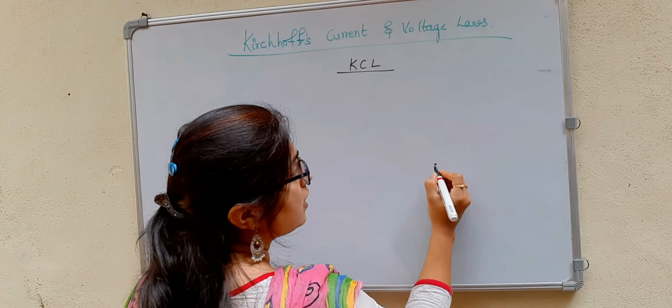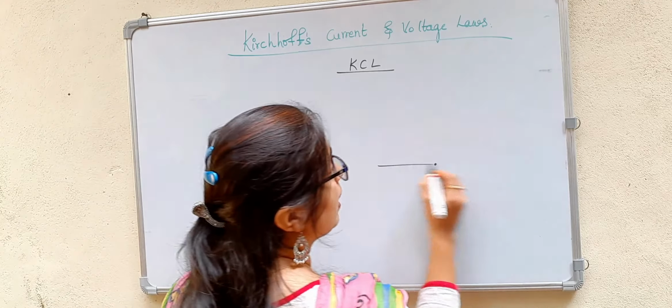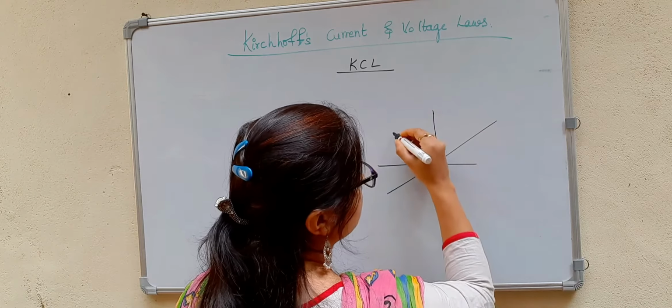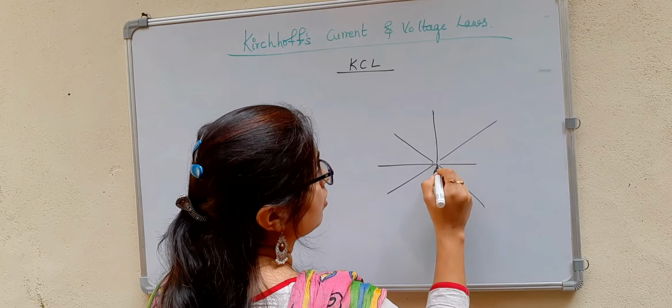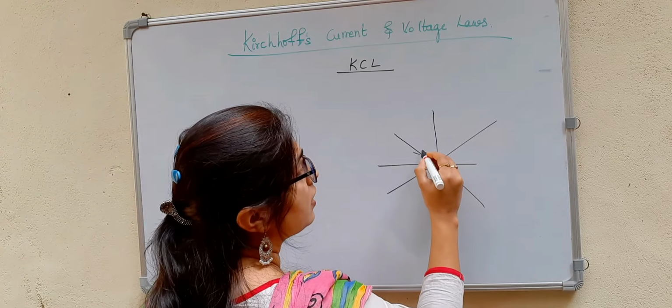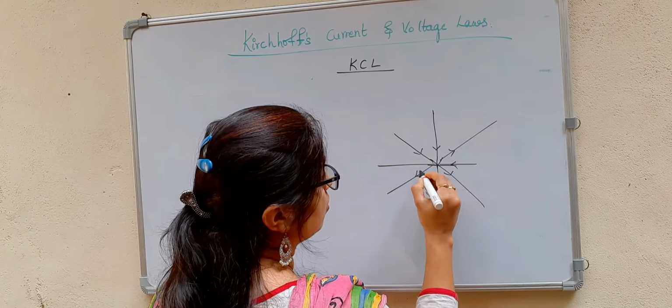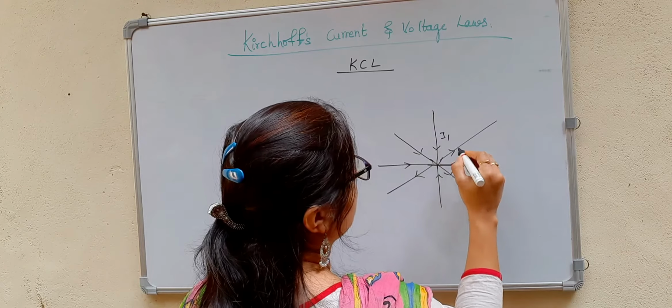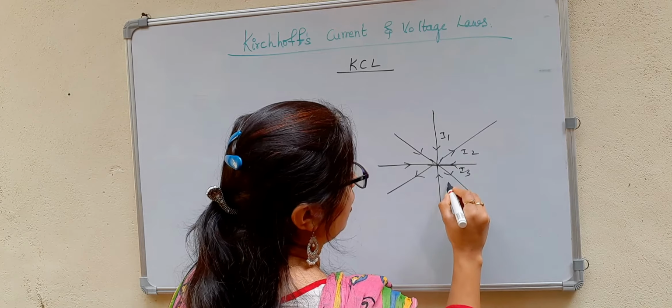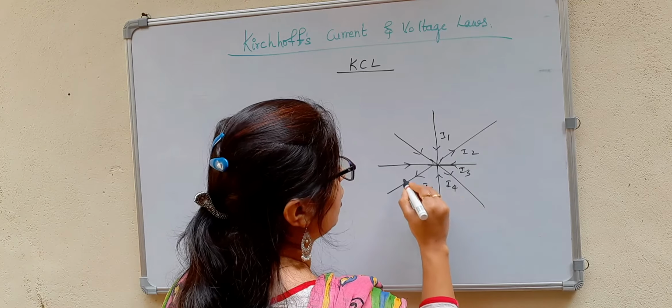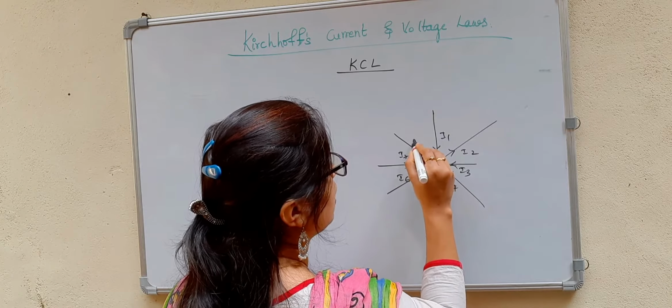Here, if I consider a junction point, I will consider branches here. These are the branches, okay? And I will consider the currents also: I1, I2, I3, I4, I5, I6, I7, I8.